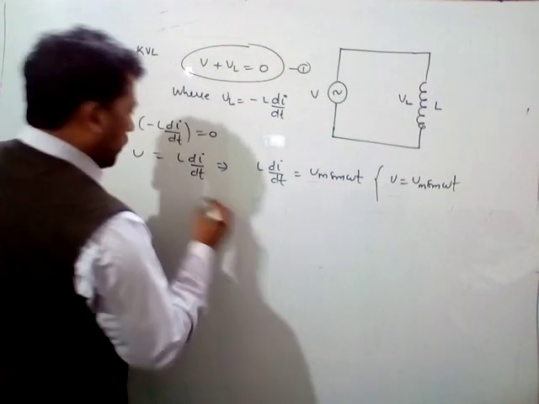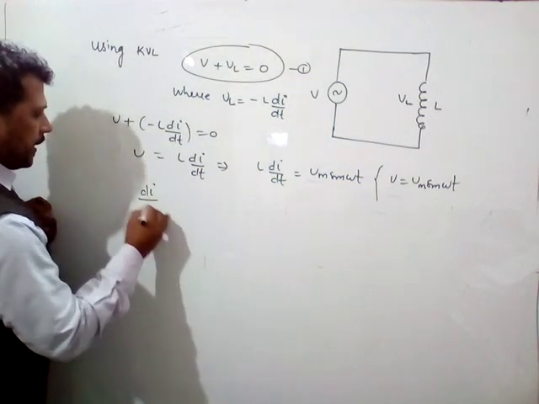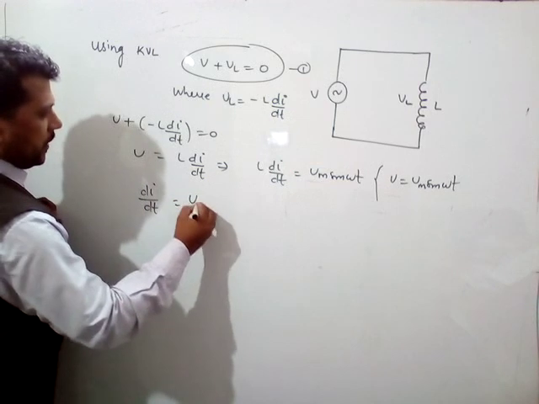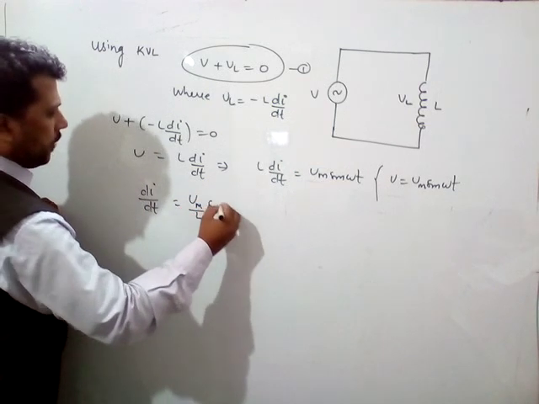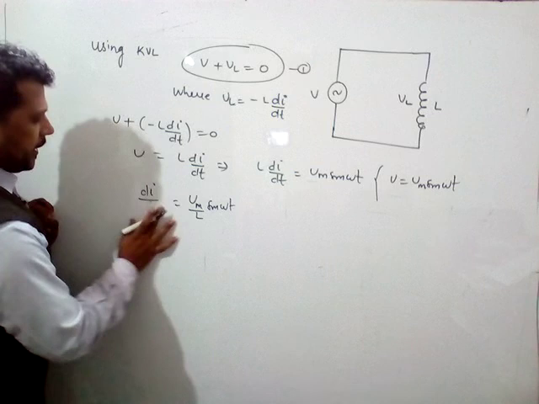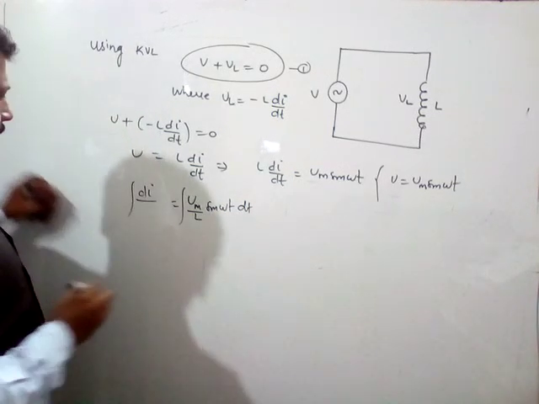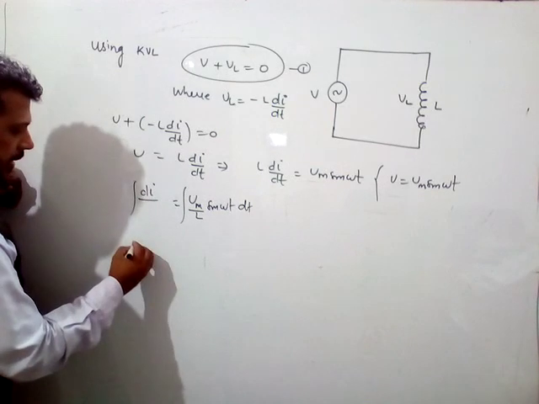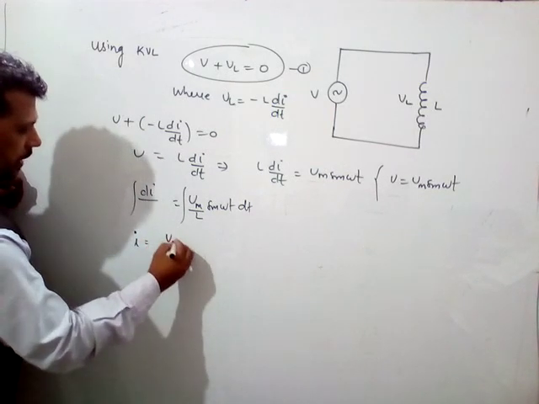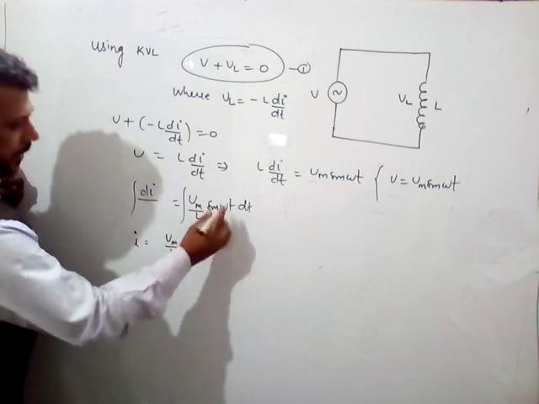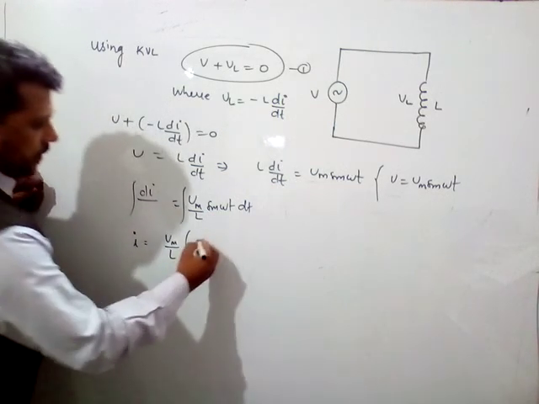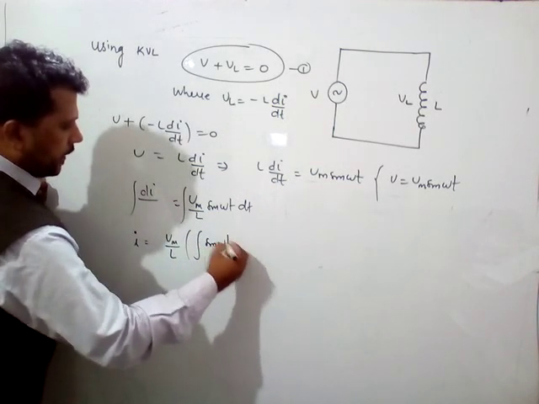Okay, so di upon dt is equal to Vm upon L sin omega t, or we can also write di is equal to this, and integrate both sides. So integral di is equal to I equals Vm by L, and integral of sin omega t dt.